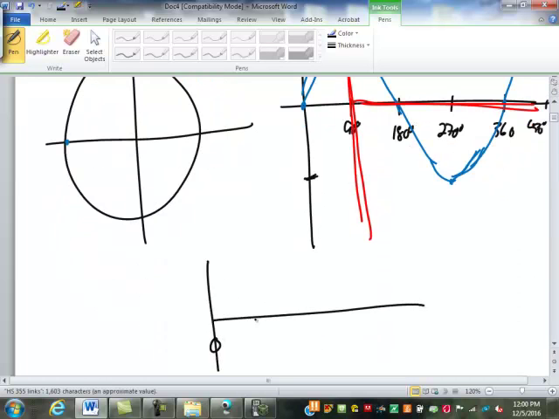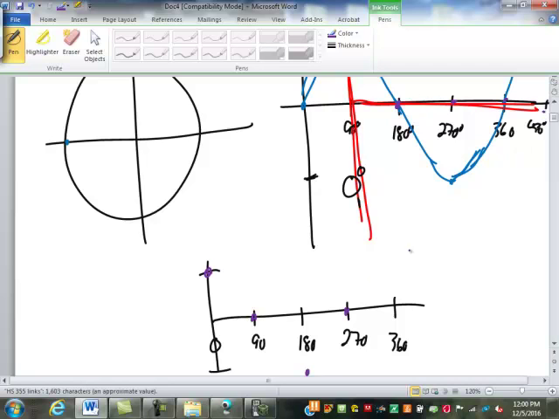This is still going to be labeled 0, 90, 180, 270, 360. I'm just shifting everything over. So this is going to become my new 0 point, where 90 degrees was. So that starts out at 1. This is at 0. This is at -1. This is at 0.